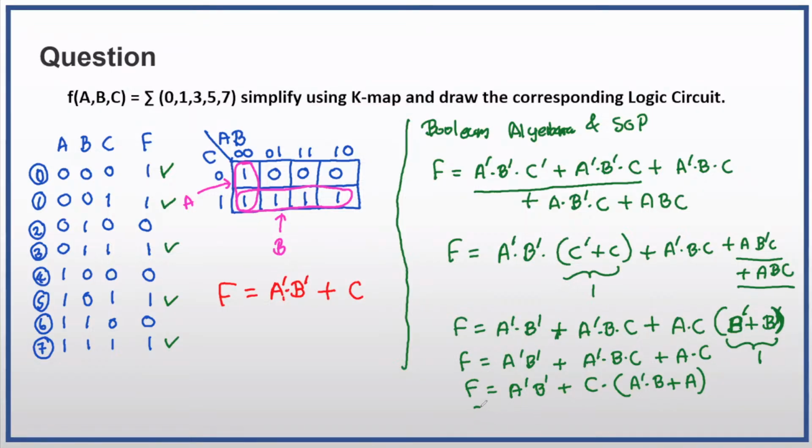A dash B dash plus C here, and inside this you can use the distributive law. Another one is A plus B.